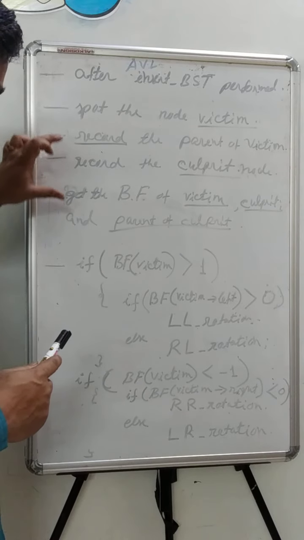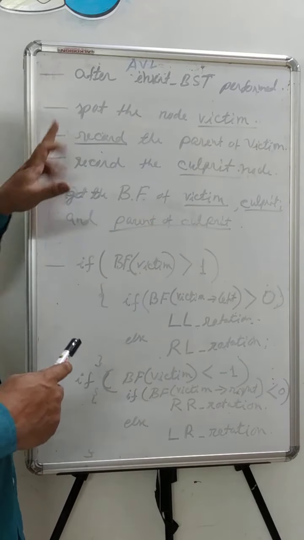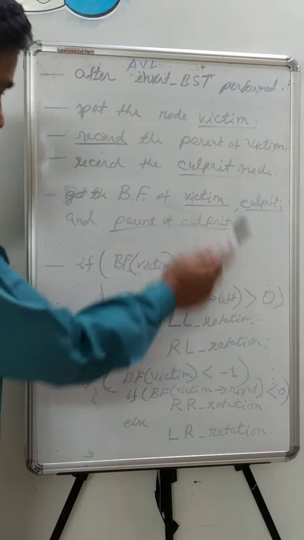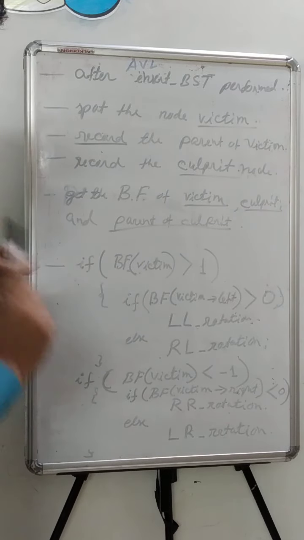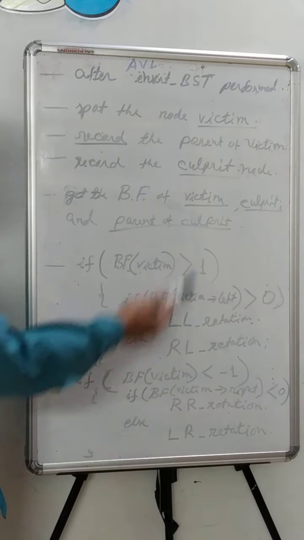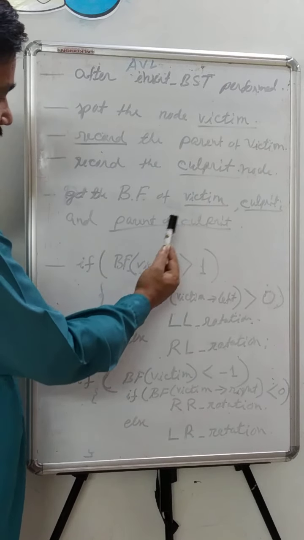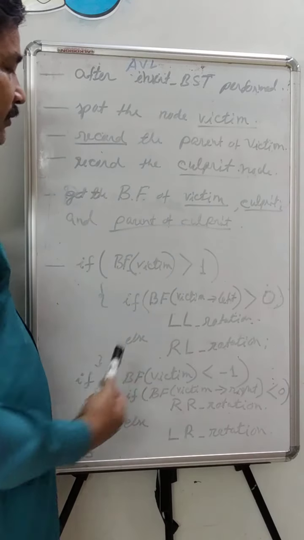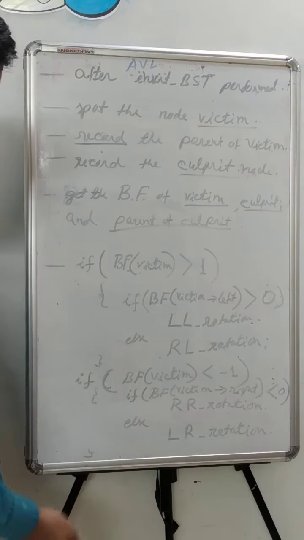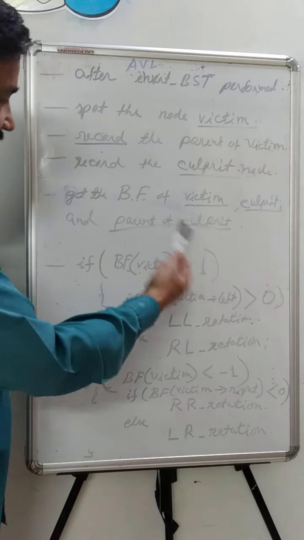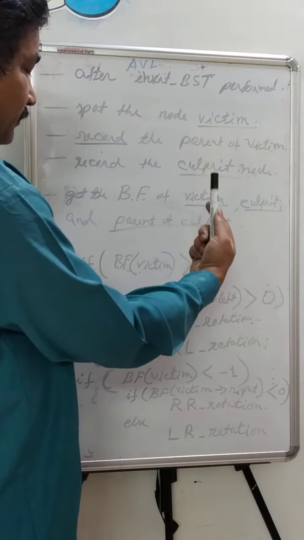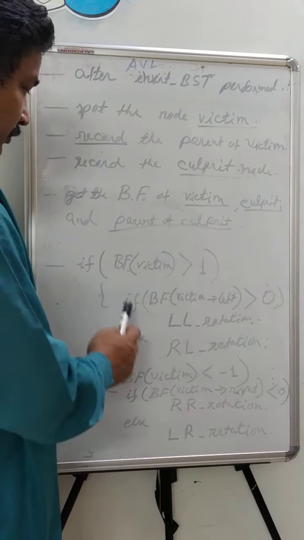After these 3 balance factors are considered, the culprit is already known as 0. Only the victim and the parent of the culprit, these 2 have to be calculated separately. And the complexity lies there itself, in how to calculate these balance factors.